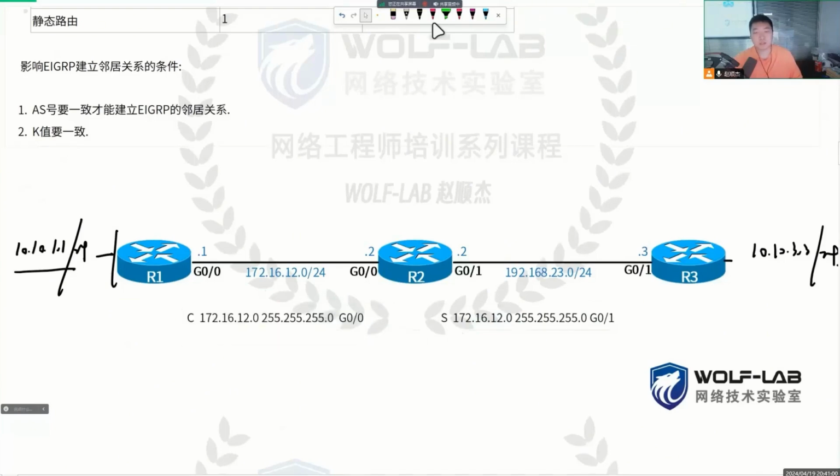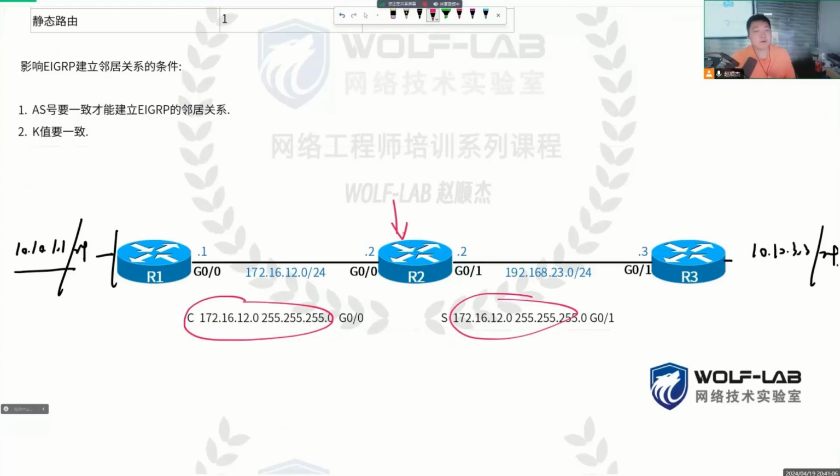The router is simple, but it has to forward according to the routing table. The routing table is equivalent to our router's map. How can you work if your map is not accurate? So the routing table will definitely hold the best route after comparison. Only one can be selected from the two, a unique and best route, and put in the routing table.